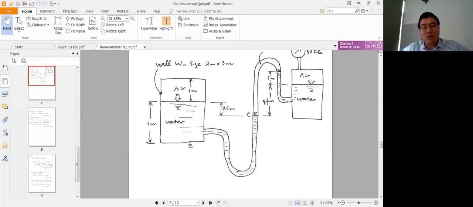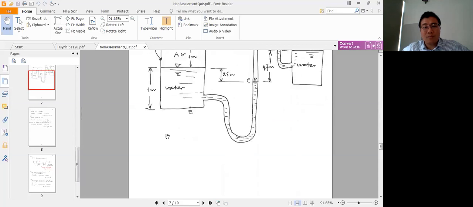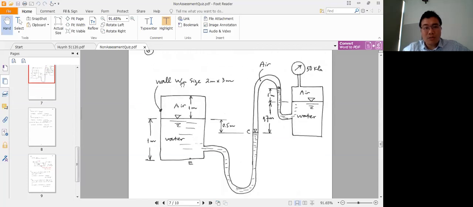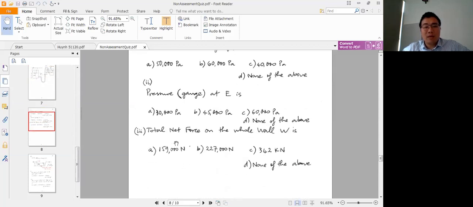Because on the top we have air and on the bottom we have water. So you have to find total force applied to this wall W side 2 meter times 3 meter. Okay, 2 meter high and 3 meter into the space. We have 4 options here. So next week give me the answer.